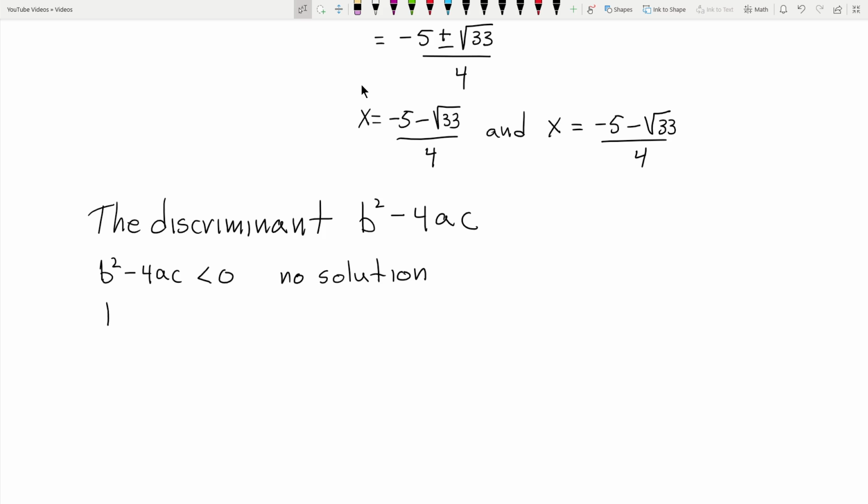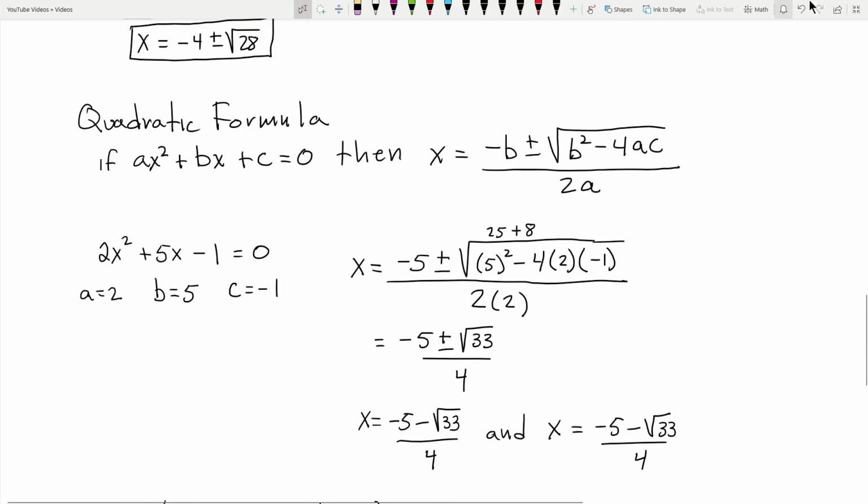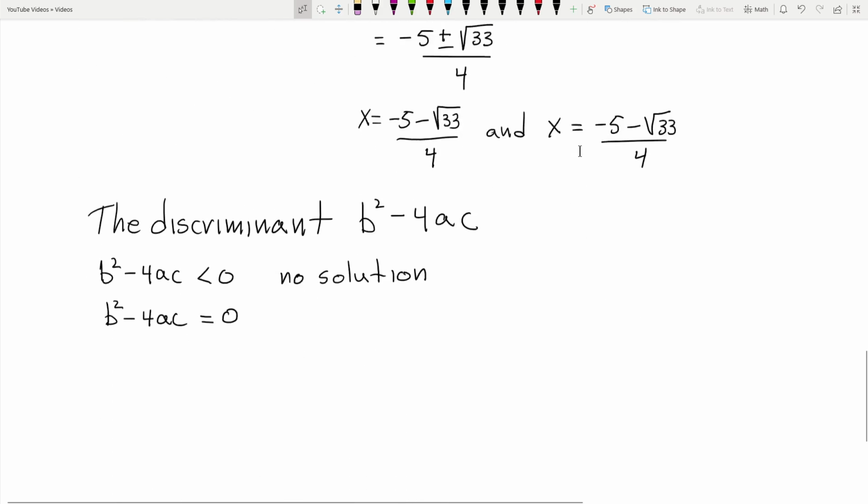If b squared minus 4ac, let's say it's equal to 0. All right, let's scroll back up here. So if the square root is 0, then I just have minus b over 2a. I'm going to get one solution.